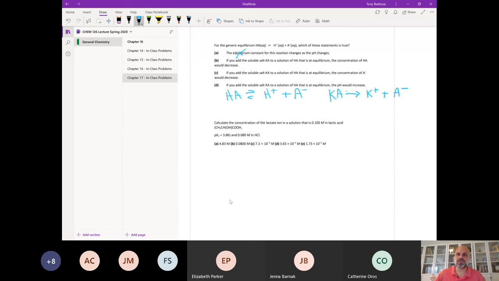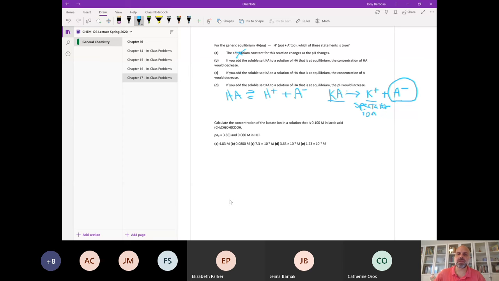So whenever we add Ka into solution, it essentially exists as K plus and A minus. What we're really adding to solution is the A minus. The K plus is just a spectator ion.